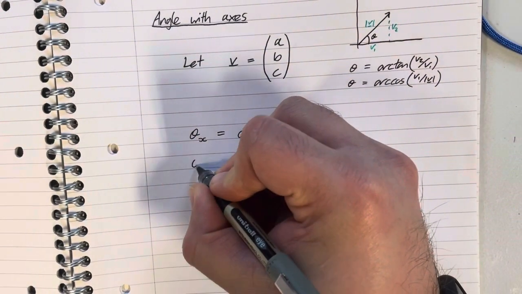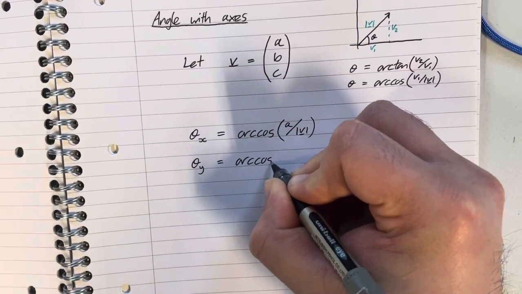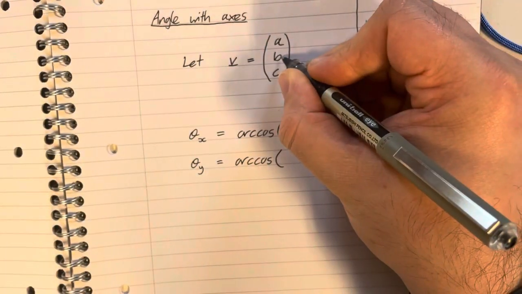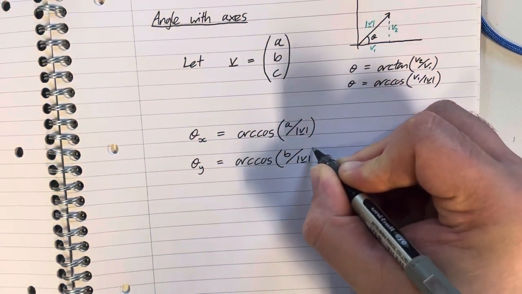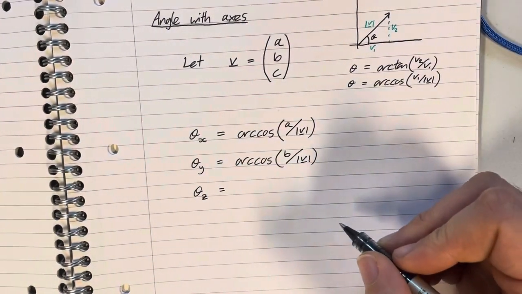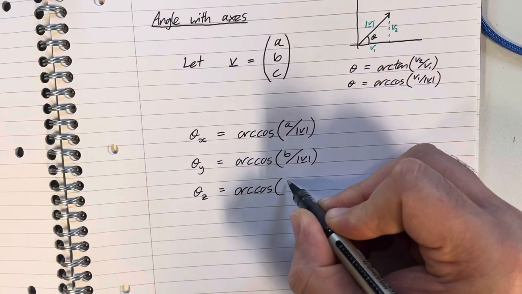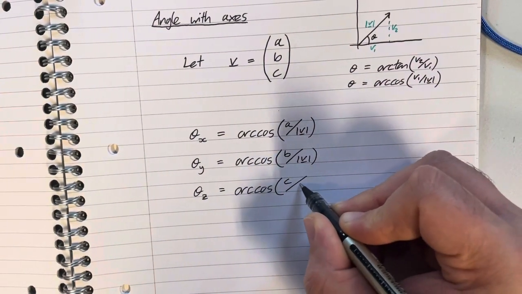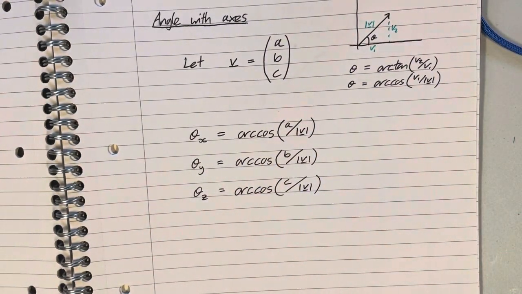Or if you wanted the angle with the y-axis, we would do exactly the same formula, except instead of using the x component, we use the y component, but we still divide it by the modulus of v. And finally, if you want the angle with the z-axis, then you would do the inverse cosine of the z component of the vector divided by the modulus of the vector.